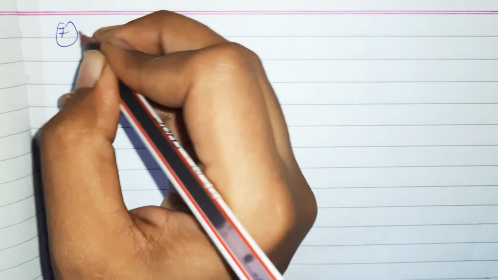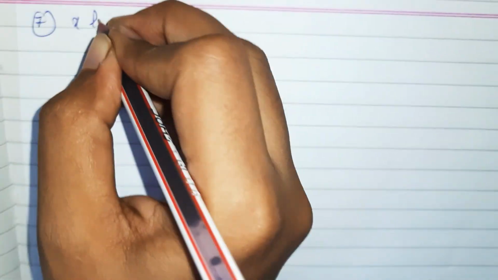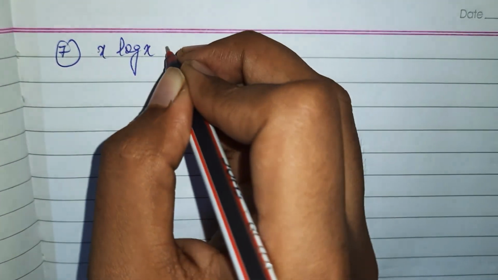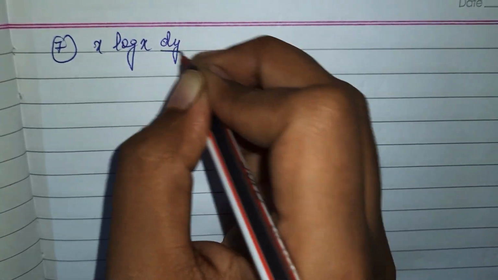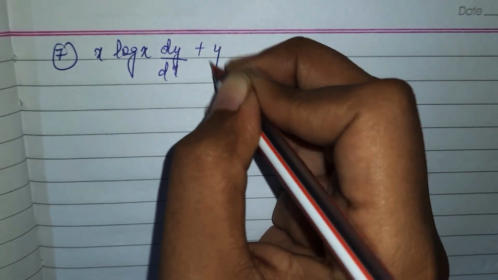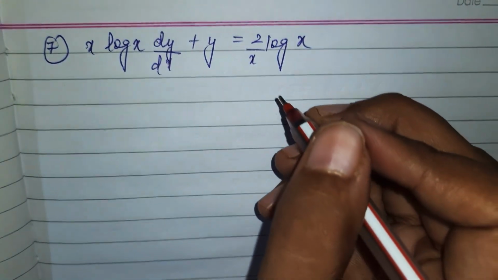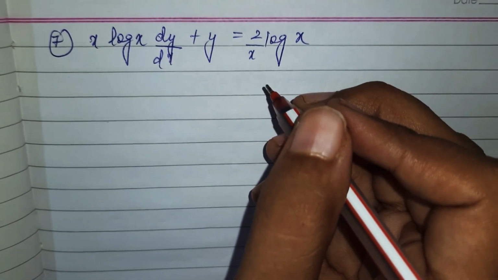Now come to question number 7. In question number 7, we have x log x dy by dx plus y equals 2 upon x. So firstly, convert it into the form dy by dx.